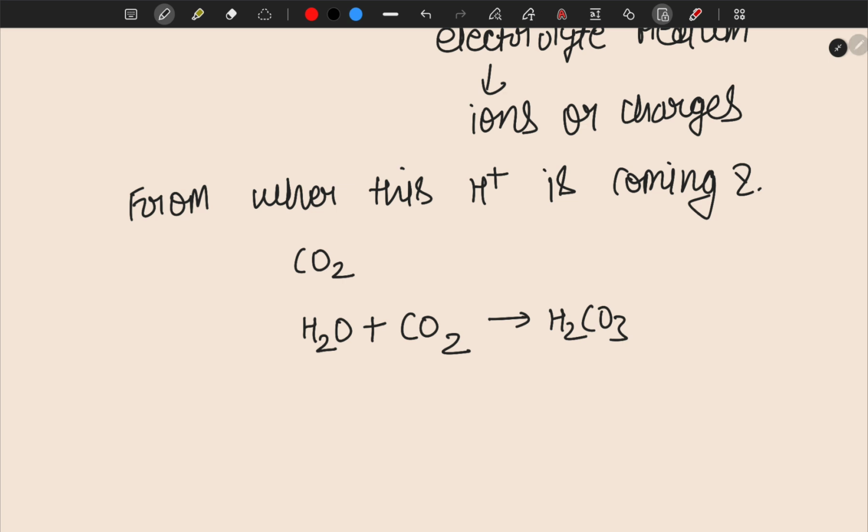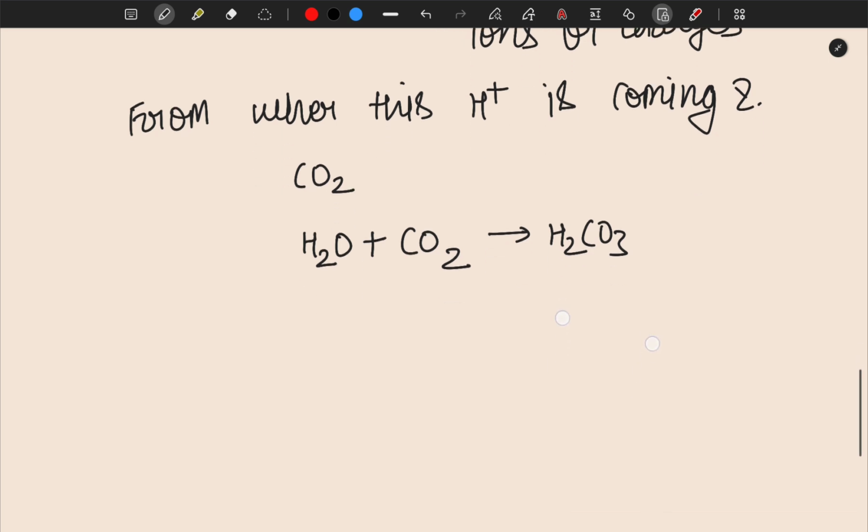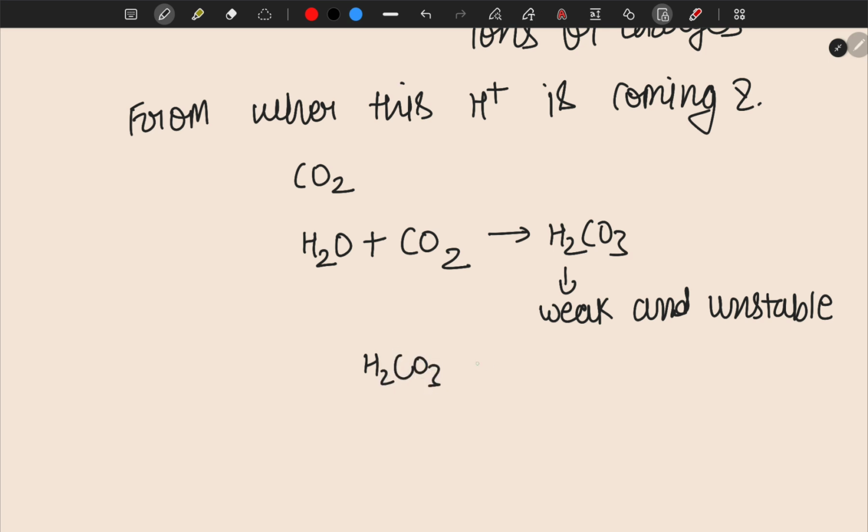But sometimes there are instigators that make them react. In this case there are a few instigators that for now you don't need to worry about, but just remember that H2O reacts with CO2 to form H2CO3, and this H2CO3 is very weak and unstable, as also described in my PPT. So this H2CO3 always tries to partially dissociate into H+ and HCO3- ion.